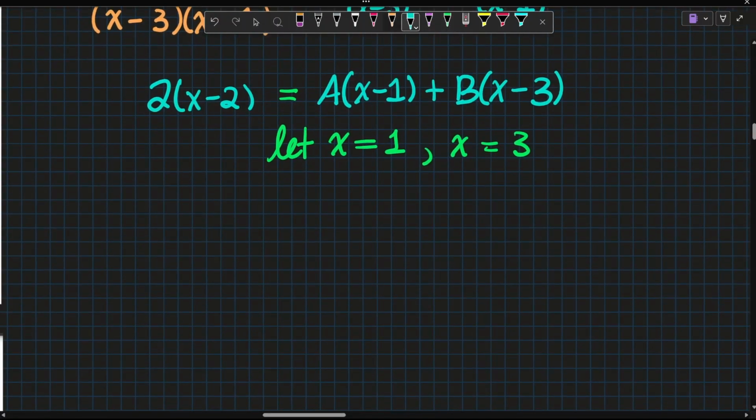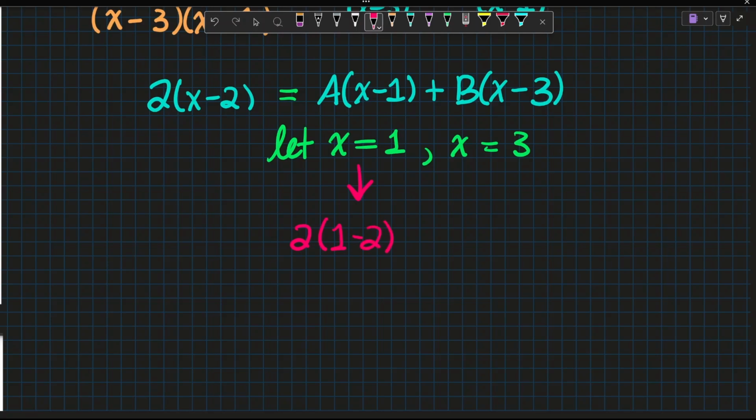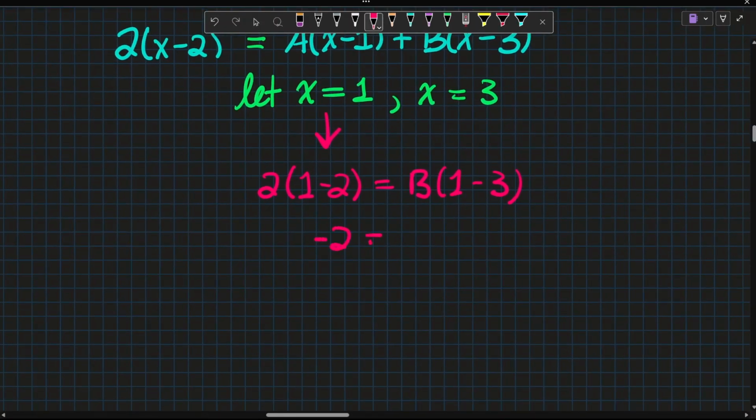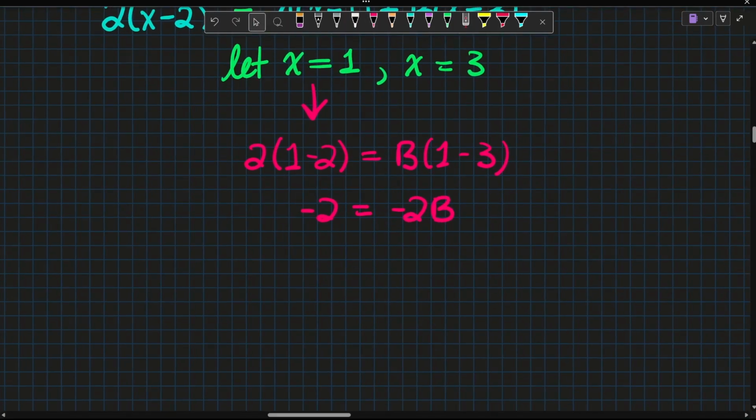So if x is equal to 1, then you have 2 times 1 minus 2 is equal to b times 1 minus 3. Right, so you have negative 2 is equal to negative 2b. Yep. So b is equal to 1.